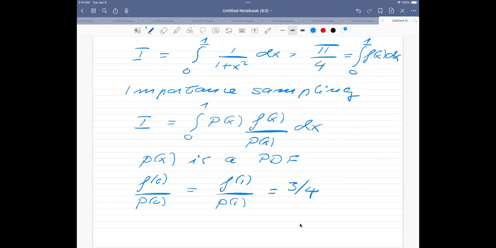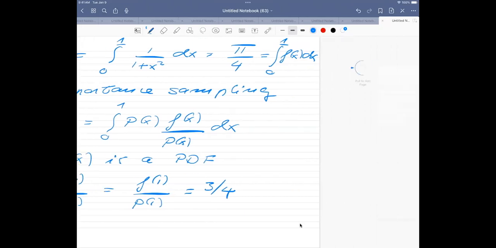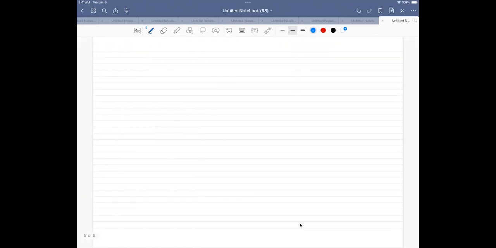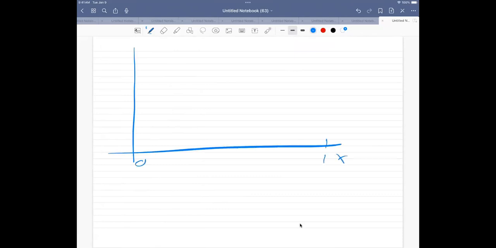Now, one thing I could do now is to make a plot of these two functions in the integration domain. So what happens then? If I make a plot of these two functions from x from 0 to 1, and this is now the two different functions. So this is the function I want to integrate.